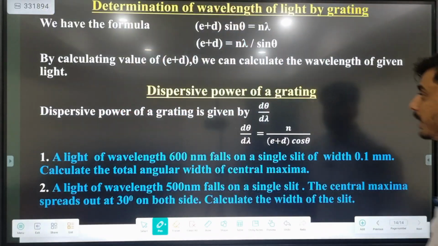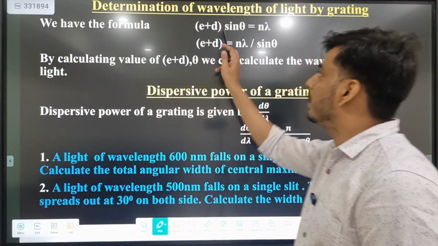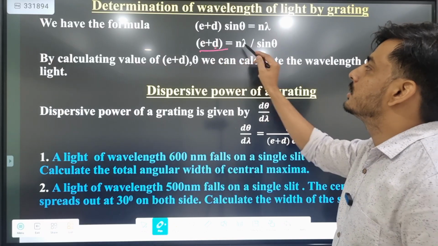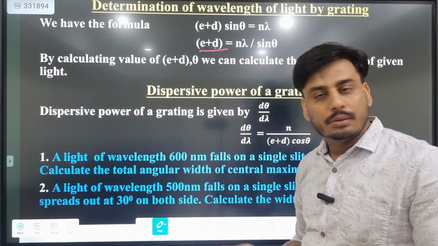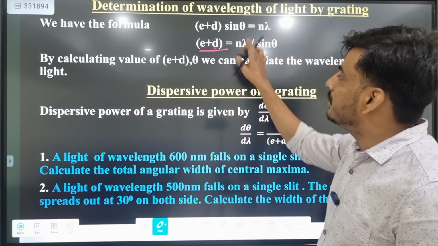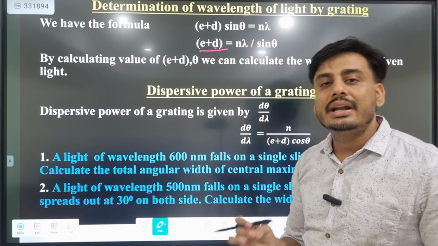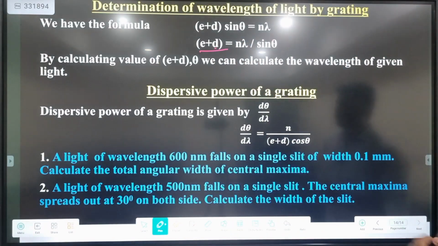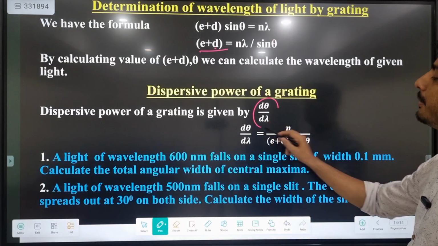Next we can easily calculate the wavelength also, because we have (E plus D) sin theta equal to N lambda, so lambda equals (E plus D) sin theta divided by N, where E plus D is the grating element. Similarly, if we rearrange, we can easily calculate lambda. Another one is the dispersive power of a grating. The dispersive power formula is d theta by d lambda.